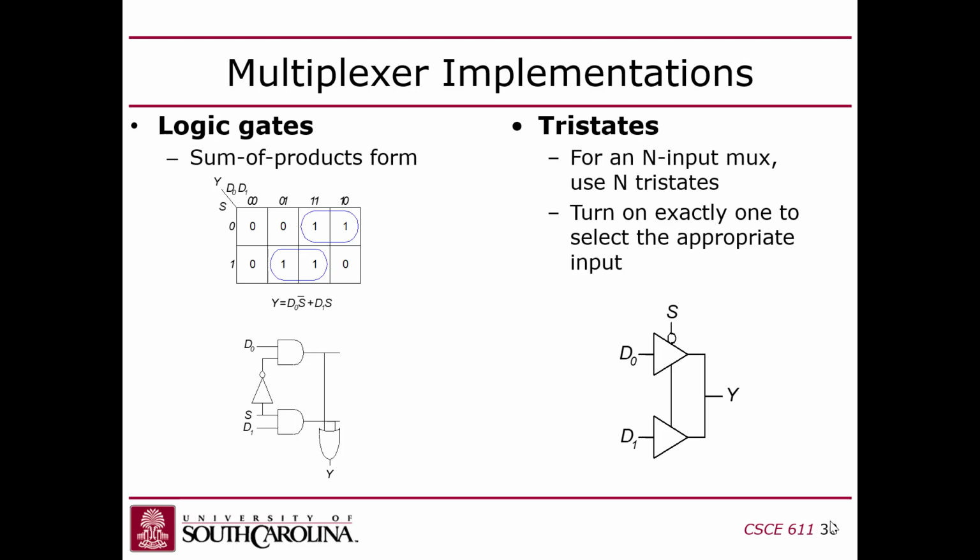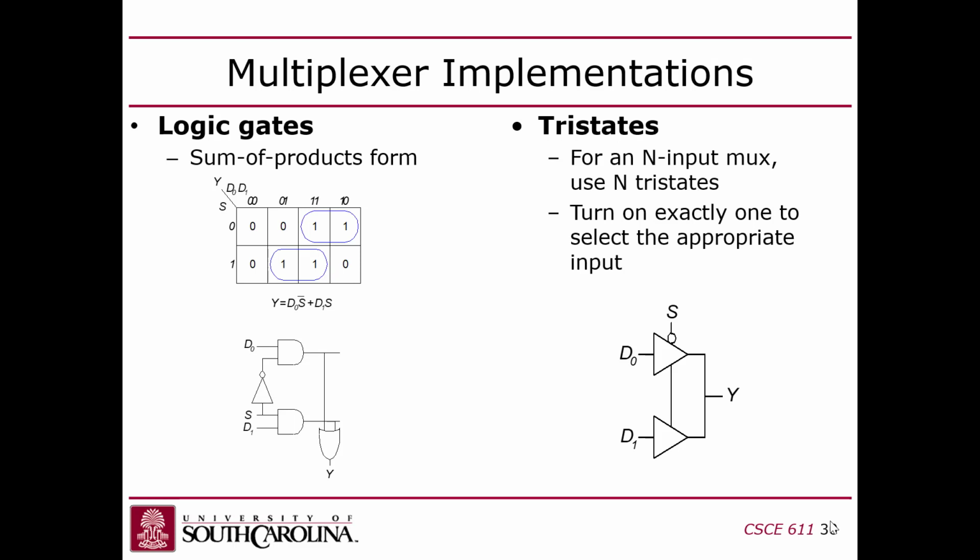Multiplexers can be built in various ways. There are different ways you can do it. You can take the truth table and put it into a Karnaugh map and resolve it down to a simplified circuit. In this case, they're using tri-states instead.